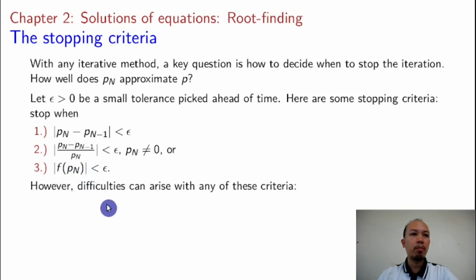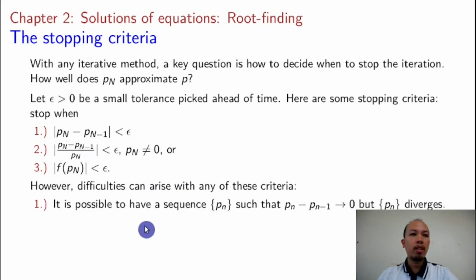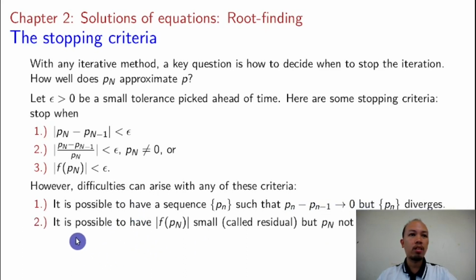Difficulties can arise. With any of these stopping criteria, it is possible to have a sequence p sub n such that p sub n minus p sub n minus 1 approaches 0, but our sequence diverges. Second, it is possible to have the absolute value of this quantity, called the residual, small, but p sub n not close to p.